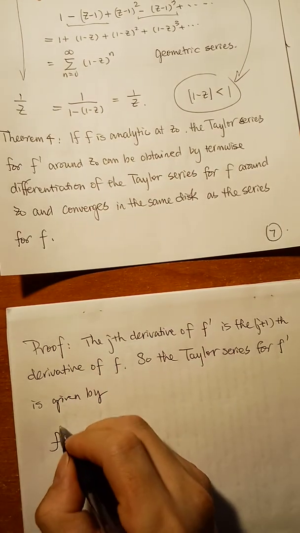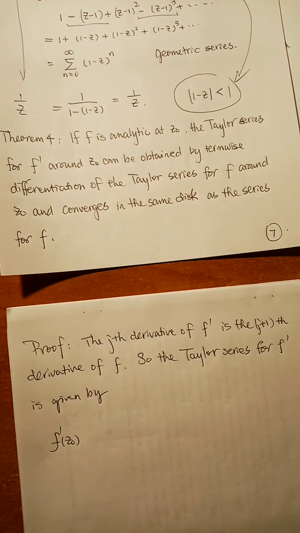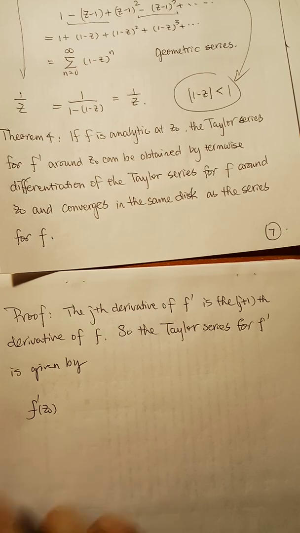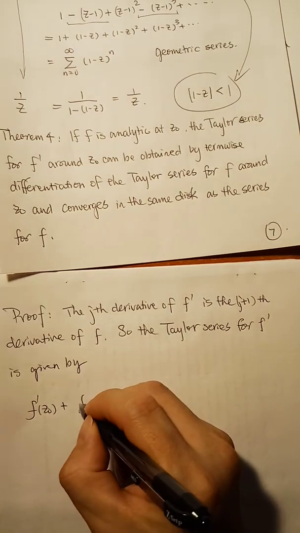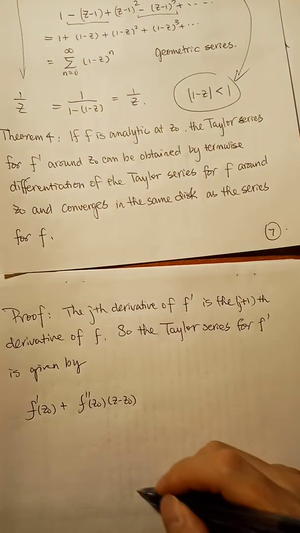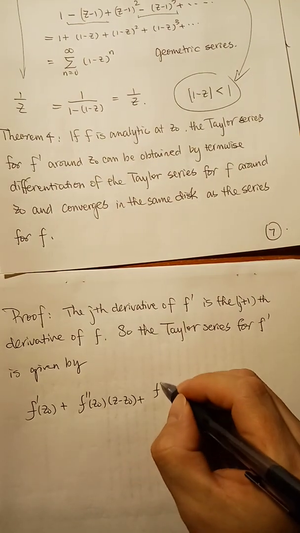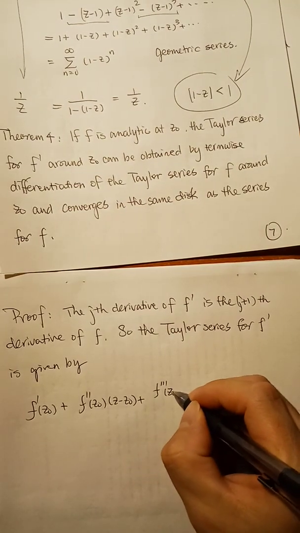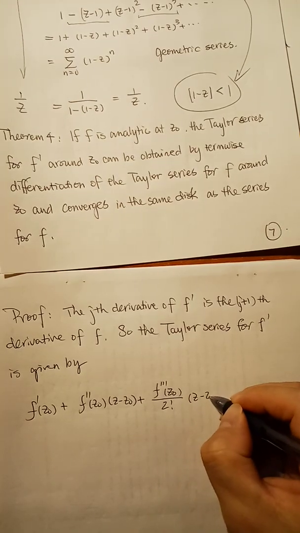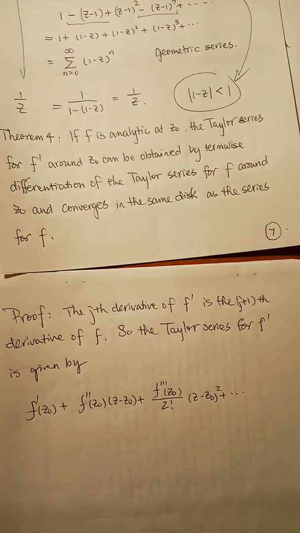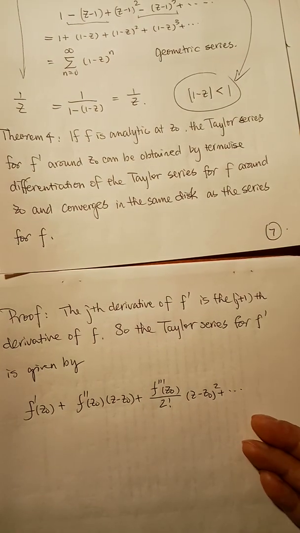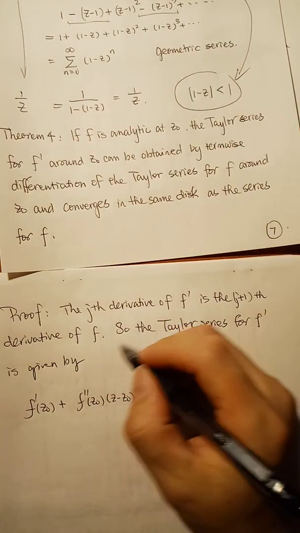First you evaluate f prime at z0. This is the evaluation of the original function's derivative at z0. And then you continue the differentiation, multiplying by z minus z0. The second derivative becomes the third derivative of the original function. This is written by the definition of a Taylor series.